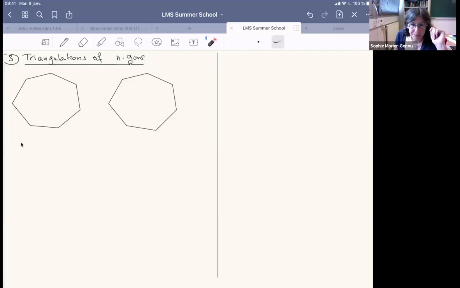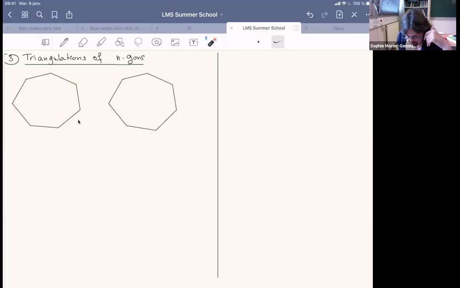Here we have a 7-gon: 1, 2, 3, 4, 5, 6, 7. Yes, 7. So there are 7 sides, and we can also call it a heptagon.